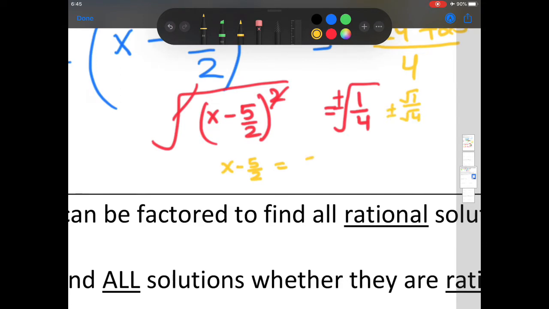So it's going to be plus and minus 1/2. I'm going to add 5/2 on both sides because I want to solve for x. So I get x equals 5 over 2 plus and minus 1/2, which is the same thing as writing x equals 5 minus 1 over 2 and 5 plus 1 over 2.